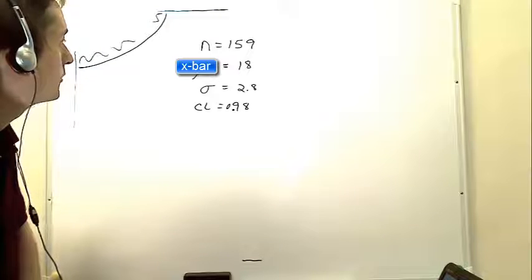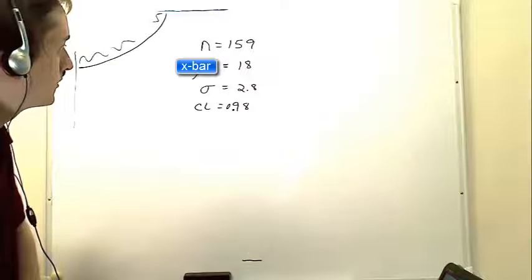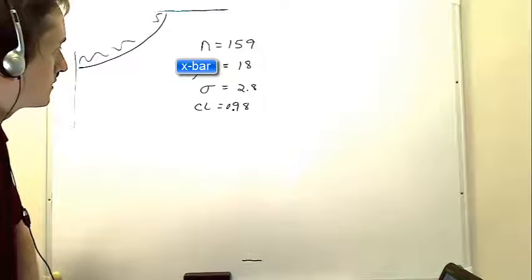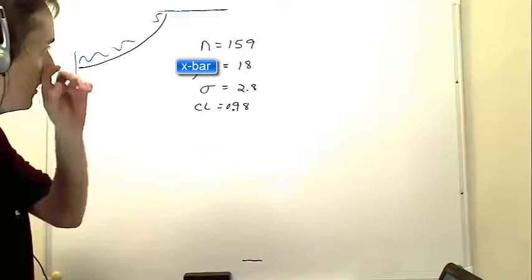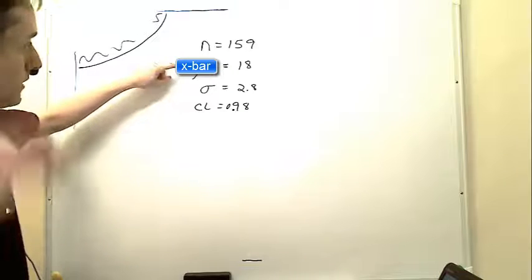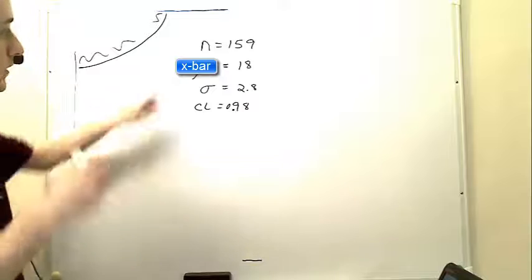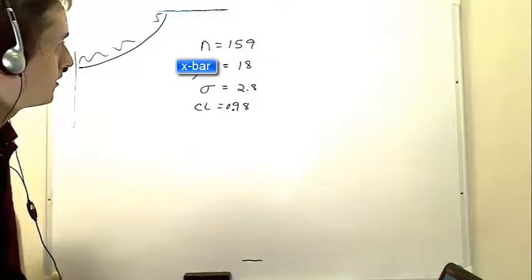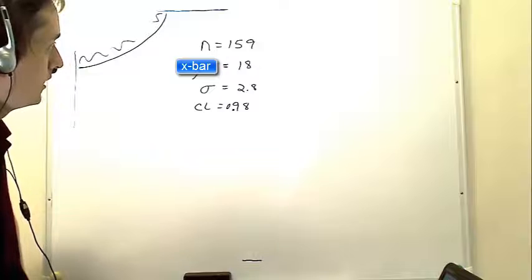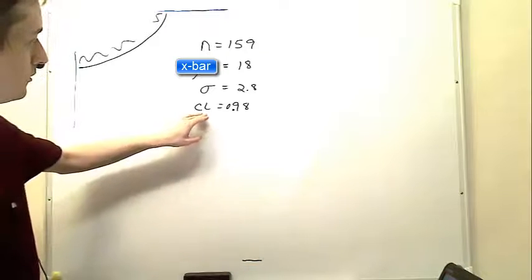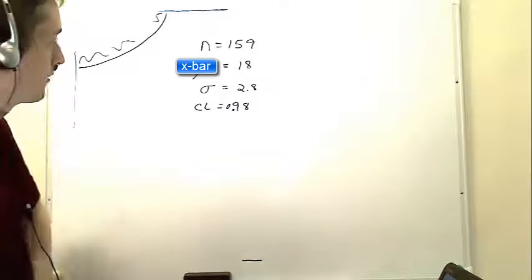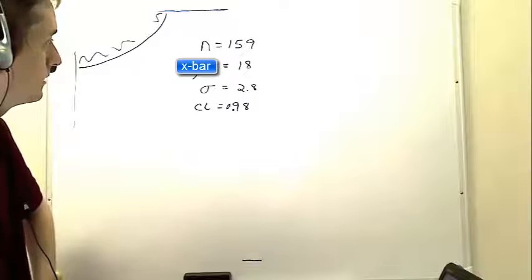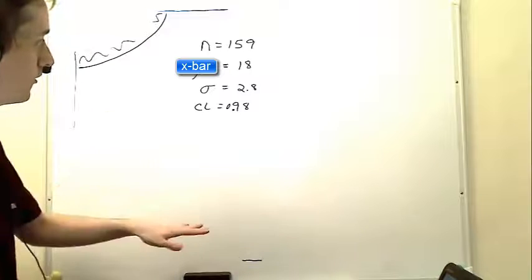So what they're wanting us to find out is what is the interval of weights that the mean of not just the sample but of all lobsters is likely to fall within. And we want the interval to be such that we'll be 98% confident that the population average falls within that interval.